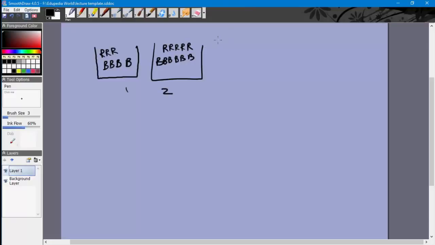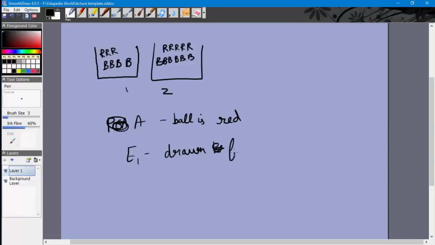So we know that it is red, so that will be our first event. A, not P(A). A is that the ball is red. Let's say E1 is the event that it is drawn from bag 1, and E2 is the event drawn from bag 2.